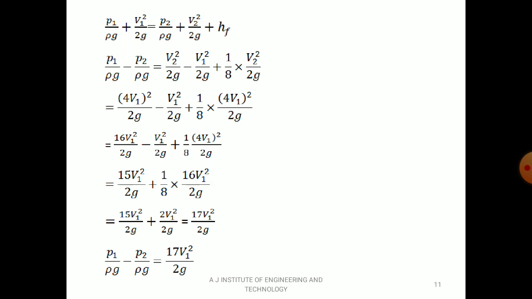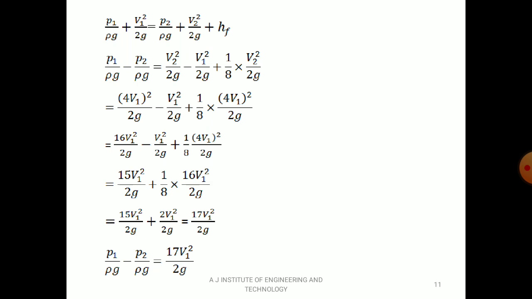So that is equal to 15 V1 square divided by 2g plus you can cancel here 8 2 times. So 2 V1 square divided by 2g. 15 V1 square divided by 2g plus 2 V1 square divided by 2g. So we can add here because denominator is same. So that is equal to 17 V1 square divided by 2g.